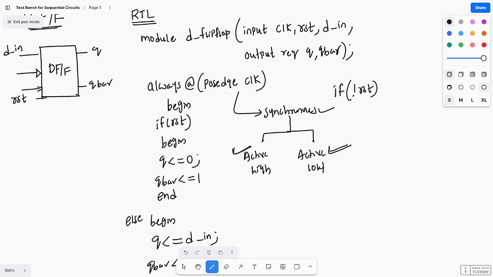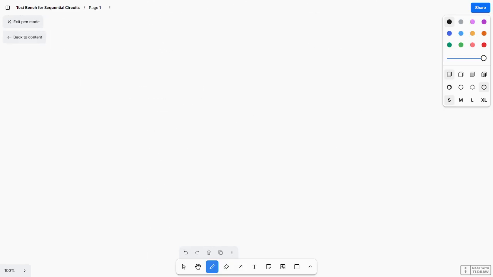One more is the asynchronous reset. How to write it: the same initialization we can use. Again there are two types, active high and active low.